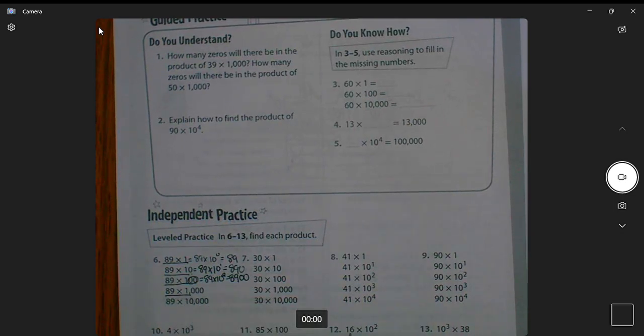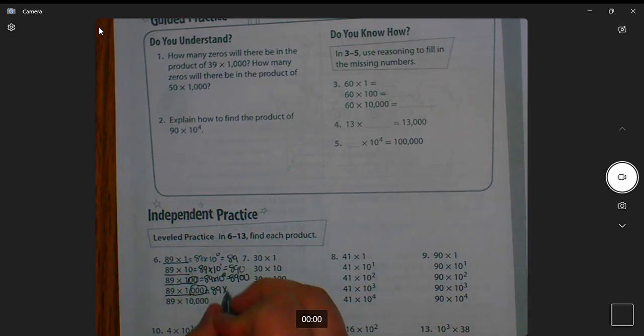Basic fact. This one's kind of hard for me to figure out, so I'm going to see how many 10s I have in use. 1, 2, 3. So I now have 3 10s. So basic fact is 89. Oh, so 89 times 10 to the third is 89,000.